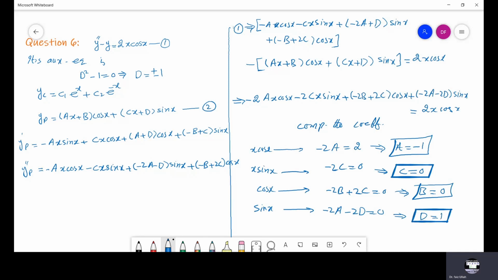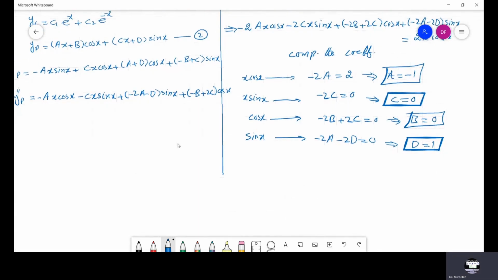So using all these values in 2, we get the particular solution as follows. yp is equal to, the value of a is minus 1, so minus x, b is 0, plus 0 into cos x, plus c is 0, d is 1 into sin x.